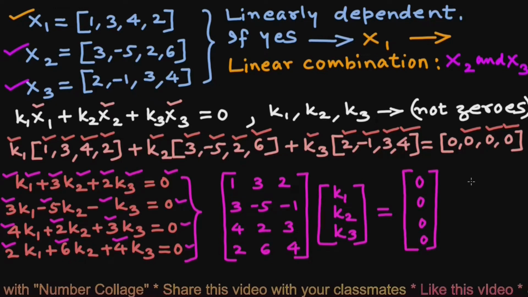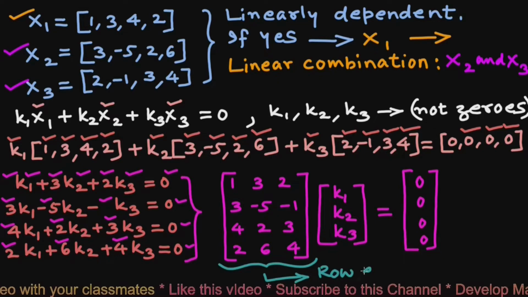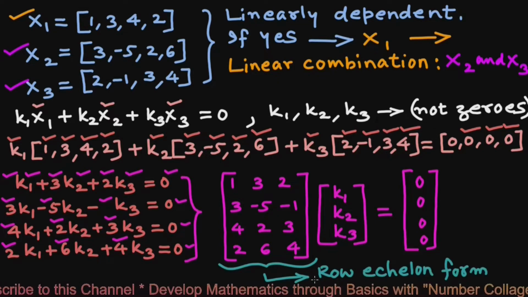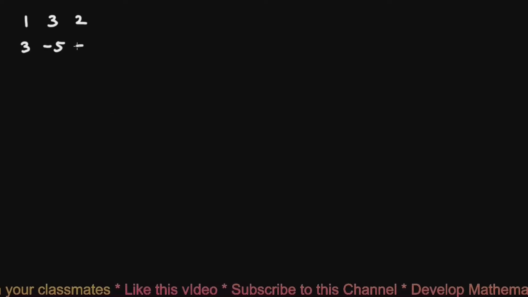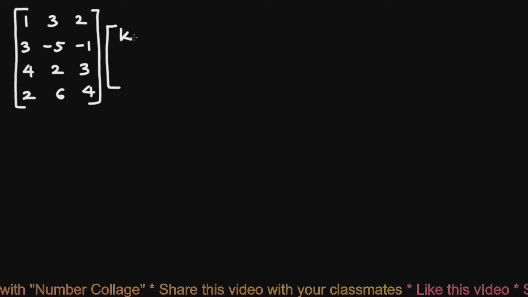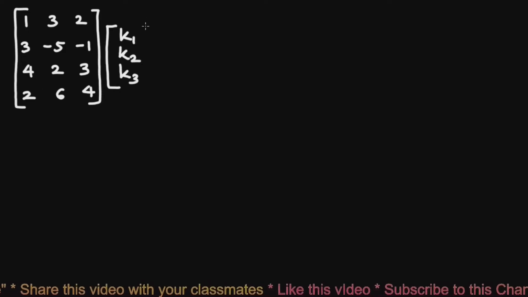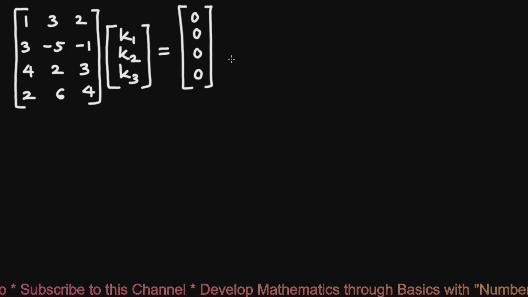Next, we will convert this matrix into a row echelon form by applying row transformations. Let us rewrite the matrix equation 1 3 2, 3 minus 5 minus 1, 4 2 3, 2 6 4, into k1 k2 k3 equals 0 0 0 0.